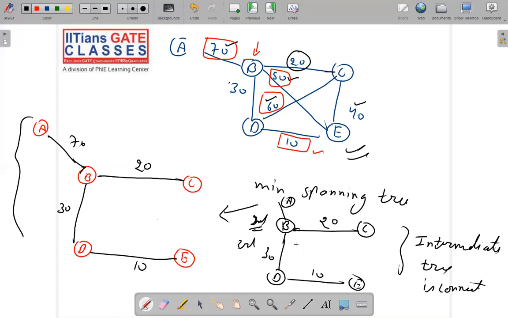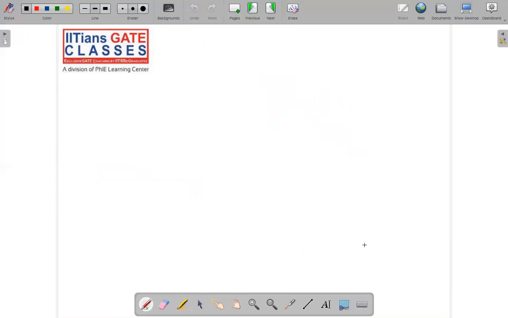So at any point, the tree is connected. These questions may be asked, and these notes are very important because minimum spanning tree is a very common topic for each examination, so you need to understand it.